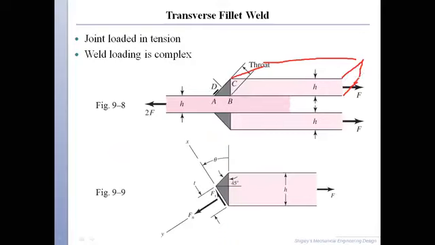With transverse we mean that this is the plate, and then we have another plate down there, which is this one. So the weld is done over here. This is the fillet weld.